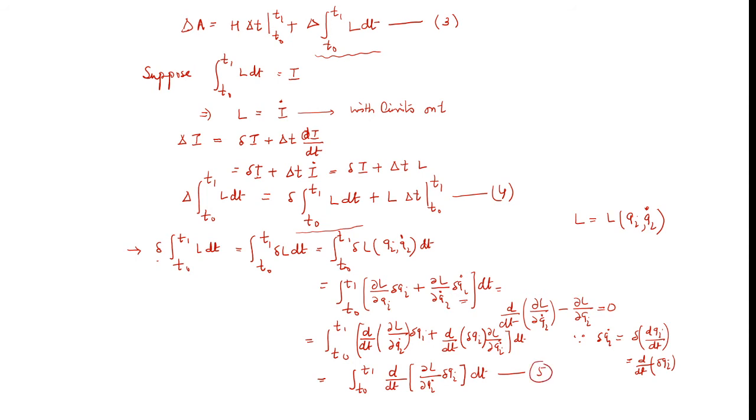So in this way I can solve this integral, and now I'll use the definition of this delta qi again. So I have δ∫ from t0 to t1 of L dt equal to the integral from t0 to t1 of d/dt of ∂L/∂qi dot. Now I am using the definition of curly delta q.